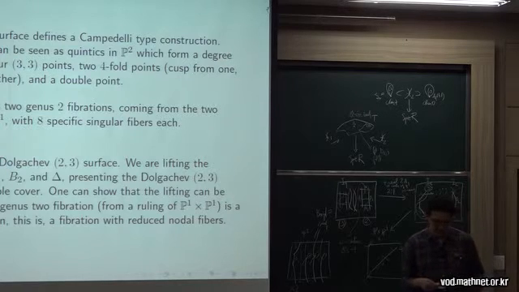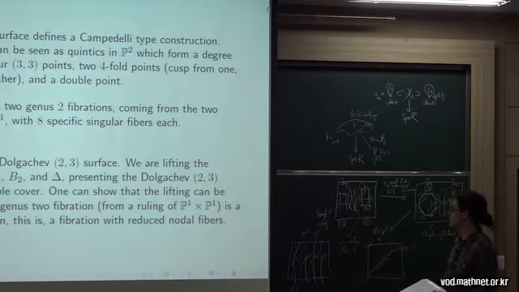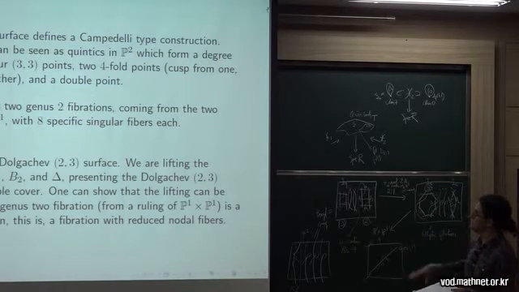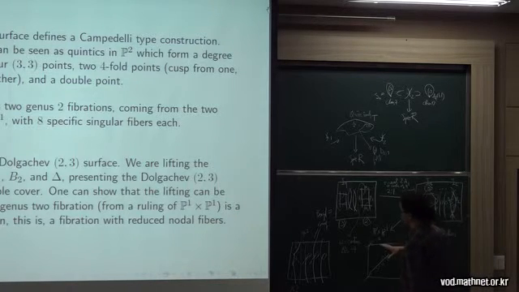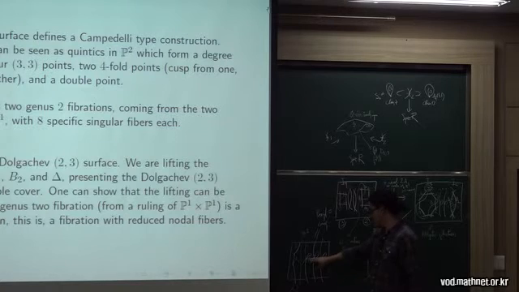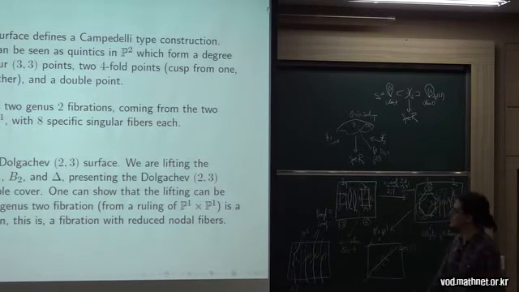And now what we did is, since we have this obstruction computation, we wanted to find a genus 2 fibration that is actually Lefschetz, in the Dolgachev surface, because this leads to the Dolgachev. And then we need to eliminate this situation of triple points, and we can do it with the computation that we have explicitly.